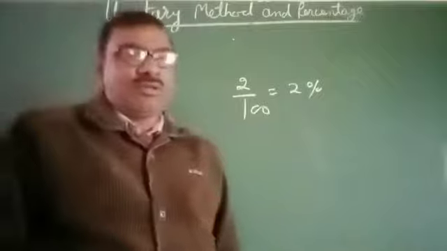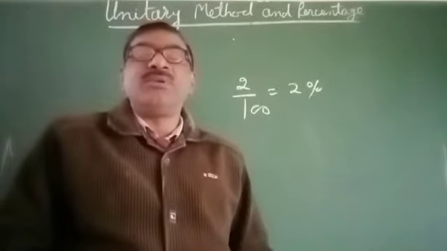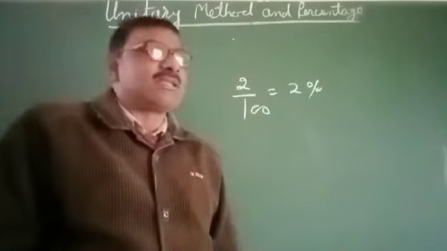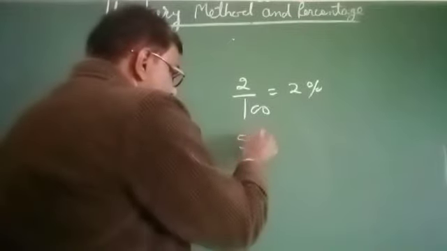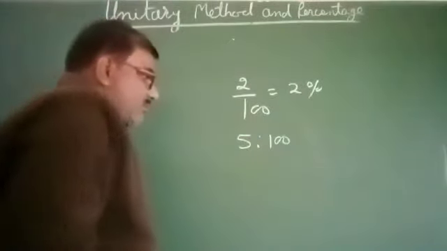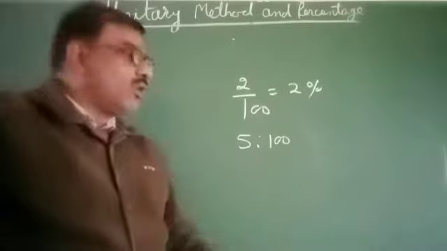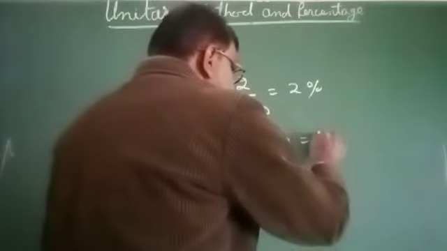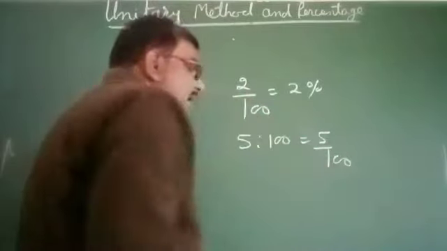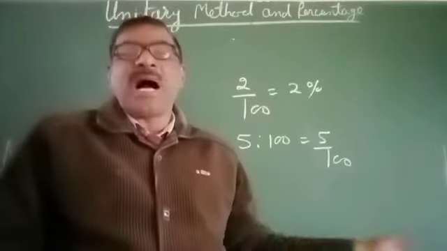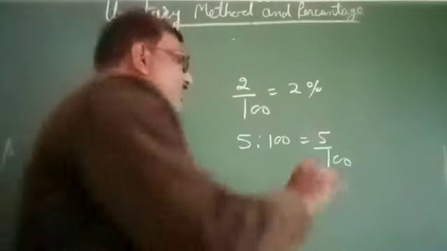And a ratio is also called percent if the second term is 100. Suppose 5 ratio 100. So it will be equal to 5 upon 100, and 5 upon 100 means 5 out of 100. It means 5%.